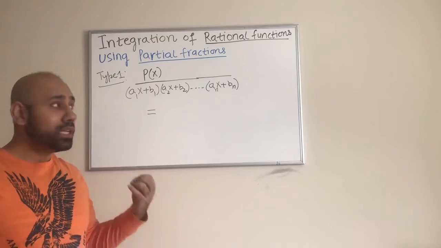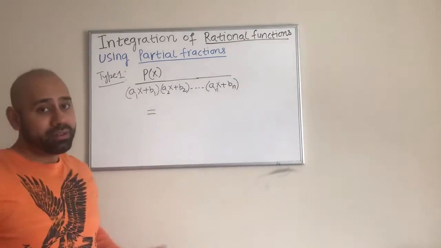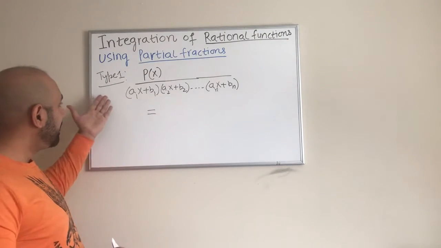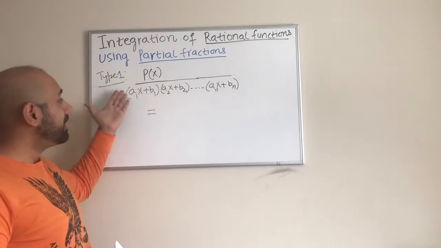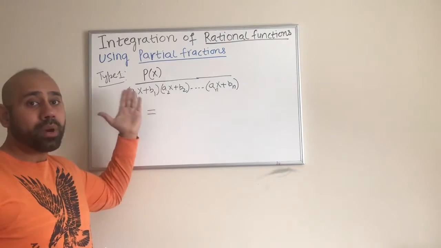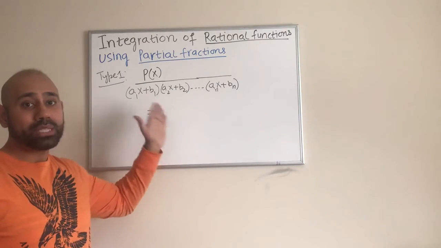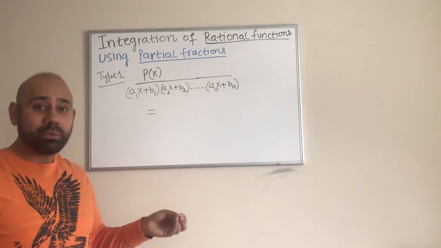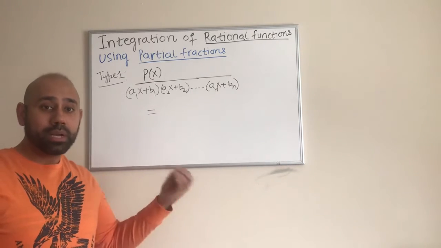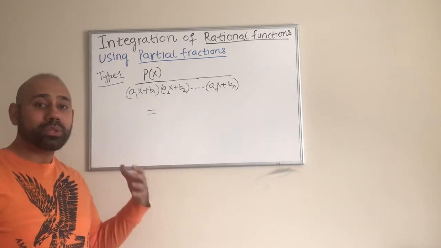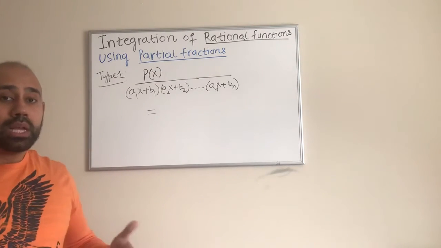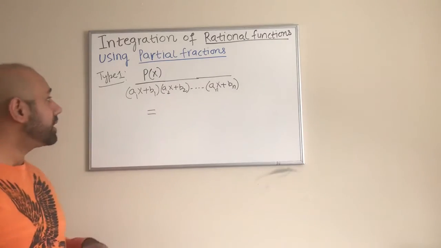Guys, since the goal is to integrate a rational function, we cannot directly integrate a rational function which is written in this form. So that's why one has to decompose it, or break it into several pieces, and then one can use some rules or techniques that we have learned prior and apply those to actually evaluate the integrals. That is why we are using this method called the method of partial fractions.